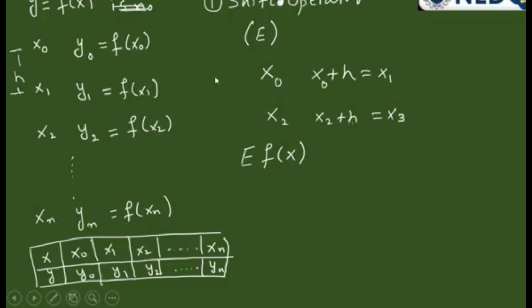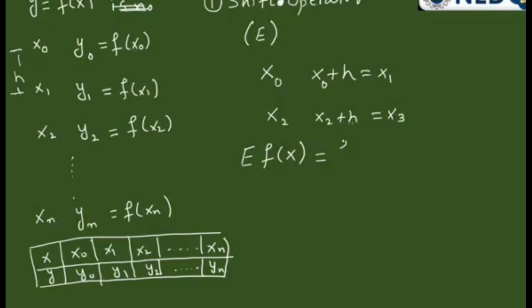It says whenever you apply a shift operator over the function, it will shift that value to its consecutive term, that is x plus h. It is not x, in fact the value of the function.